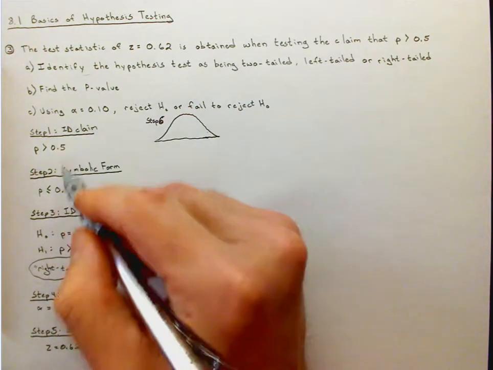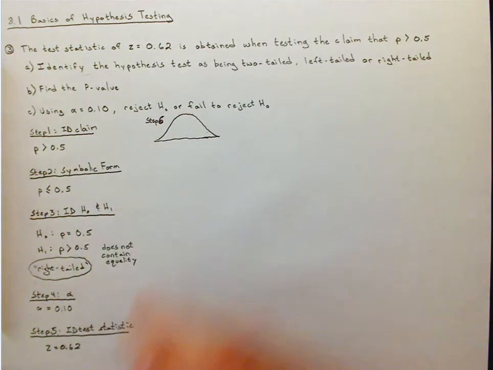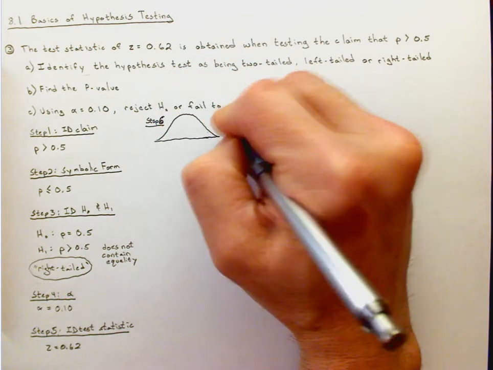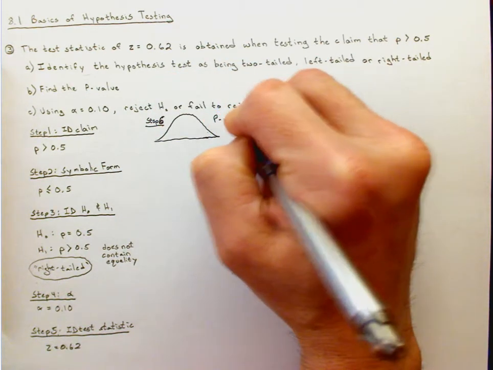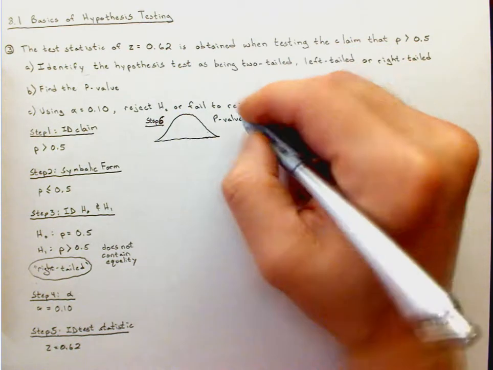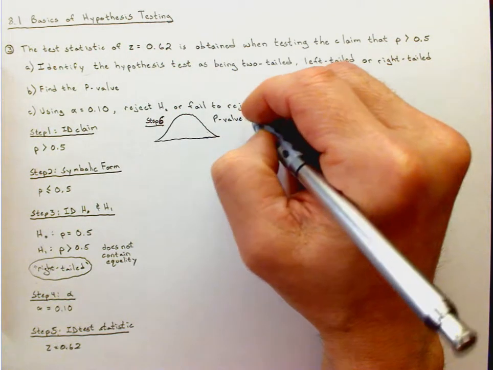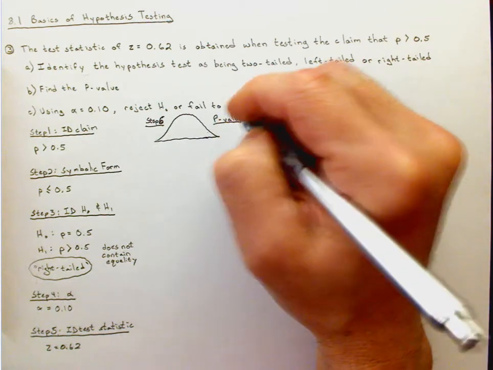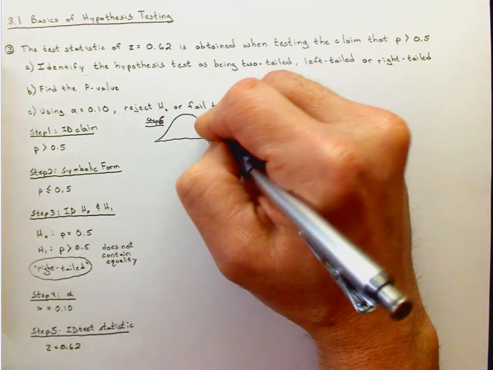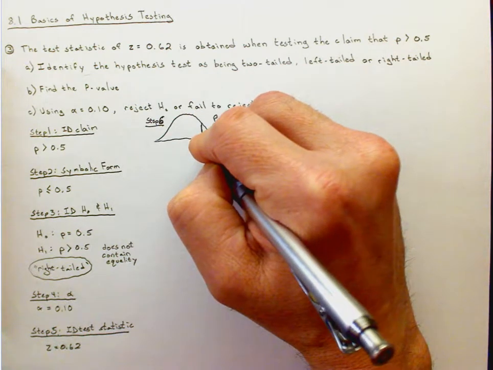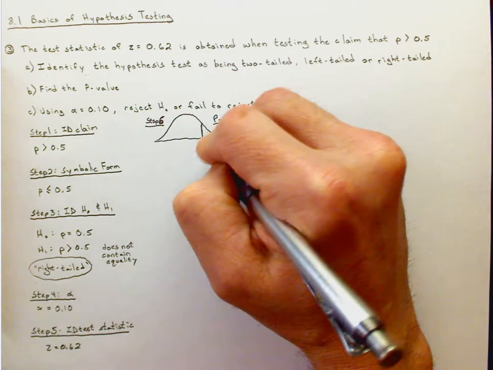I do steps 1, 2, and 3 together. So this is step 6, and we'll call it the p-value method. That's what we're working on. We're not working on the critical value. This is where it branches at step 6. And what I know is that I have my z-score. I'll write it there, 0.62.